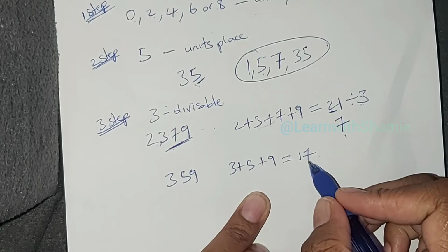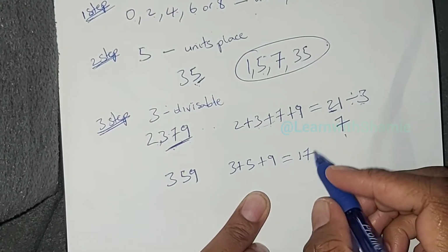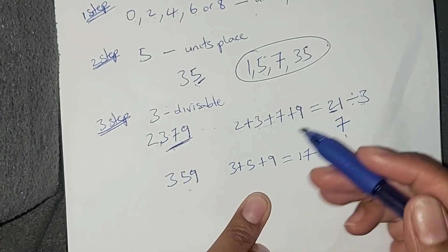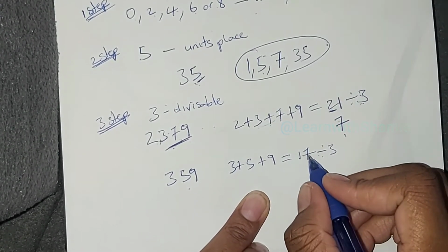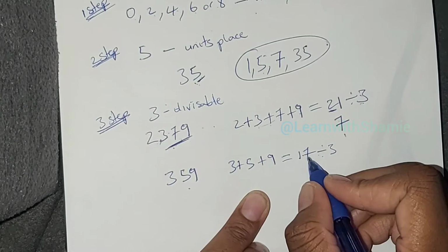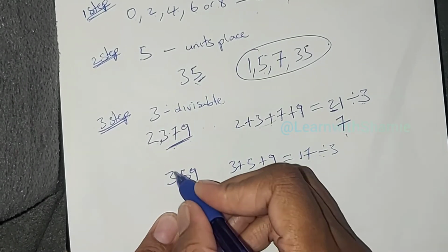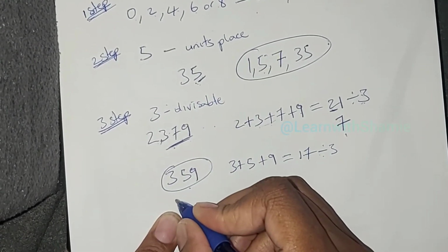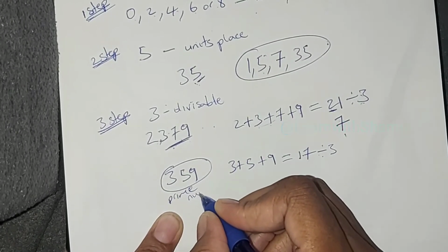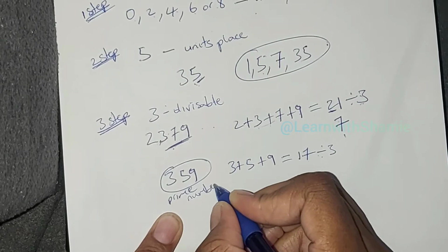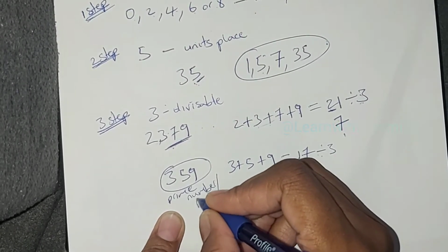If it is not divisible by 3, then this figure is a prime number. So 17 divided by 3, you're going to end up with a remainder. So therefore, this figure is a prime number or prime figure.